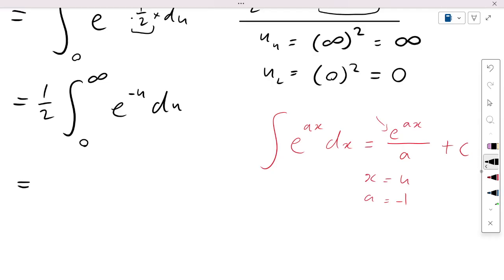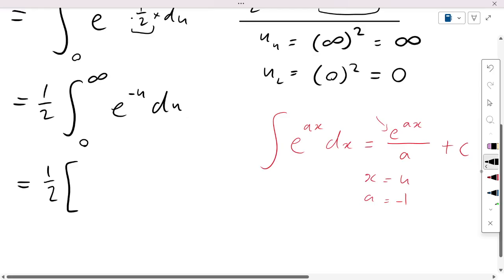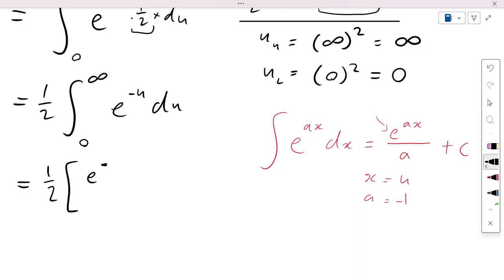So it's going to be equal to a half, and then our bracket. We're going to take the integral of this with respect to u, and then it's going to be e multiplied by the a value, which is negative 1, multiplied by u, which is represented as our x, and then it's going to be divided by the a value, which is negative 1. Okay, and then our upper limit, which is infinity, and our lower limit, which is 0.